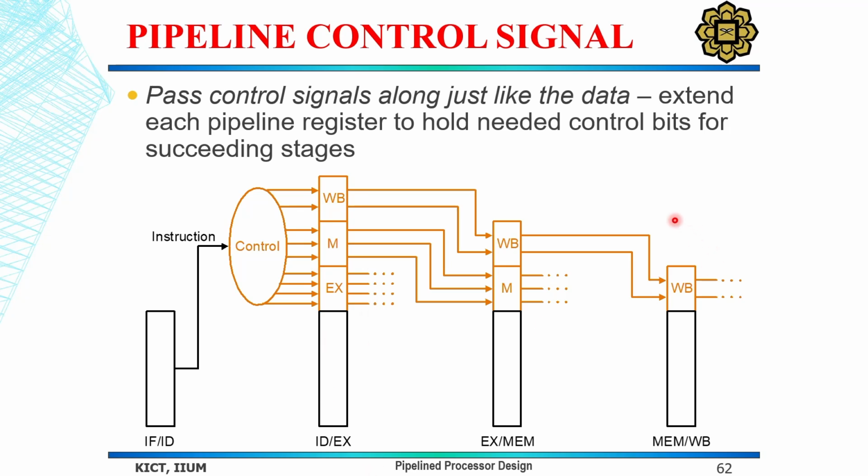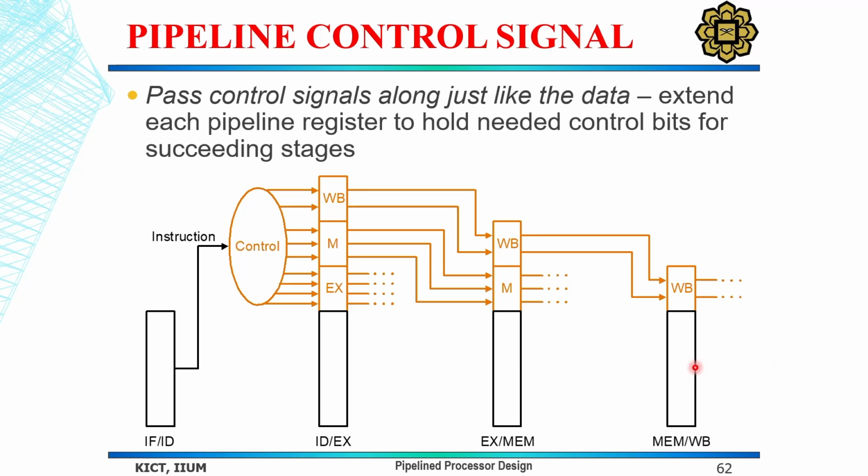These control signals are also passed by using these pipeline registers. The diagram shows instructions entering the pipeline, and then the control signals, which pass from this stage to the next stage.